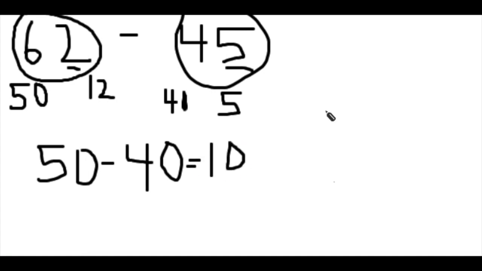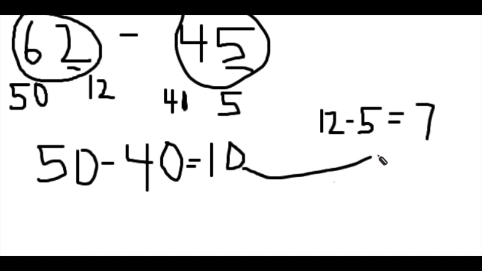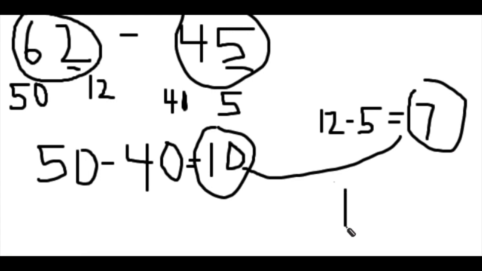And then 12 minus 5 equals 7, right? So then I'm going to add these two together because they're just broken up right now into the tens and the ones. So my answer is 17. And this is page 528, 3 and 4.